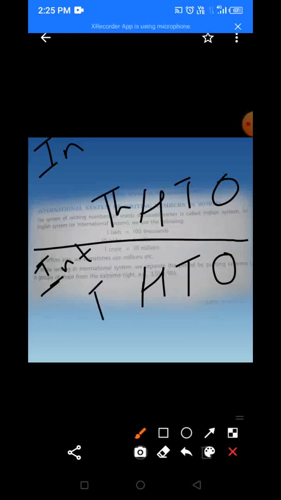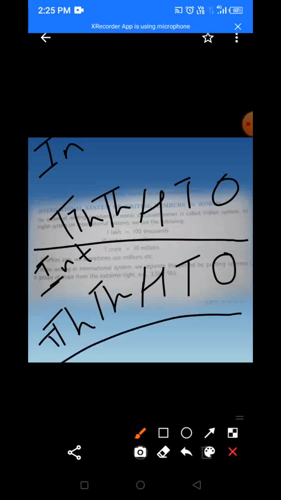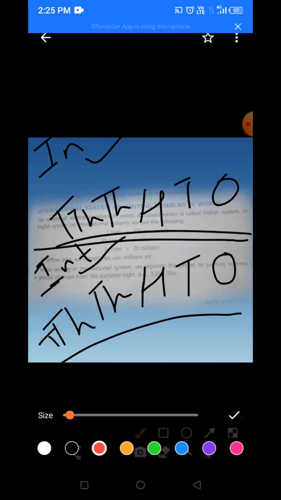International system: ones, tens, 100, 1,000. Then 10,000 and 10,000. So these are all very similar. Up to 10,000, both the Indian and international systems are similar.